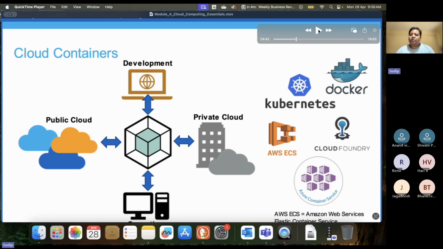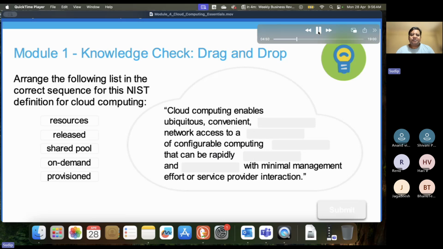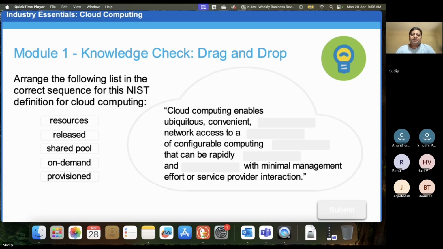Any questions on what a container is now? Is it clear? So, knowledge check. Let us see how much you have understood. This is with the NIST definition. What will go into the first blank?